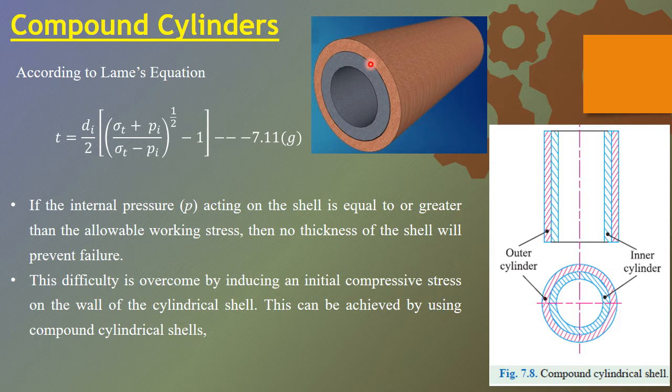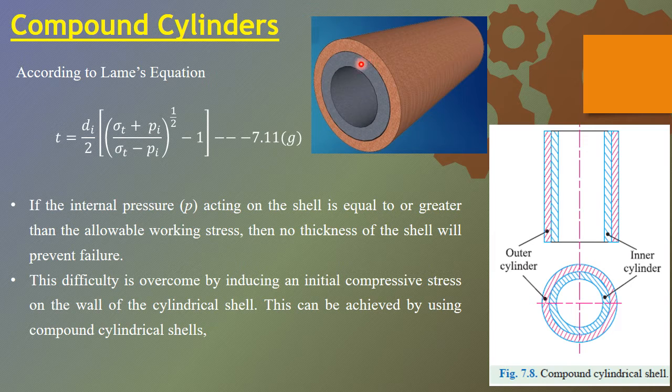At this junction, pressures will be developed, and these contact pressures will induce compressive tangential stress in the material of the inner cylinder, whereas they will induce tensile tangential stresses in the material of the outer cylinder.